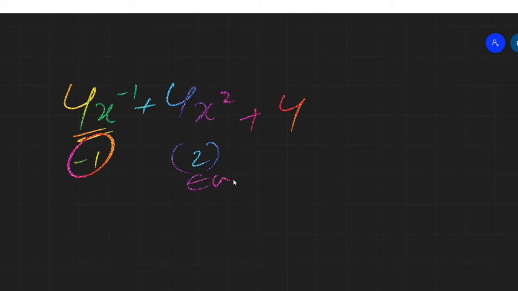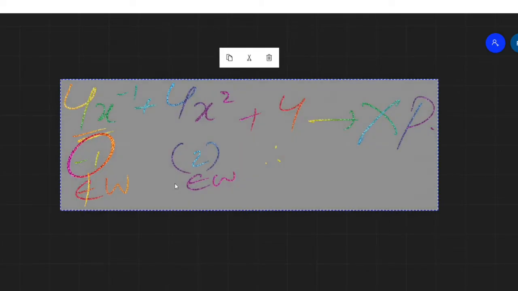This 2 belongs to whole numbers, but -1 does not belong to whole numbers, so we can say not all the powers belong to whole numbers, therefore this expression is not a polynomial. So next we are going to see certain examples.